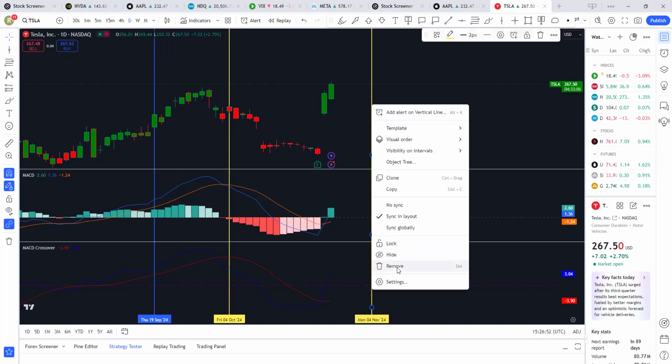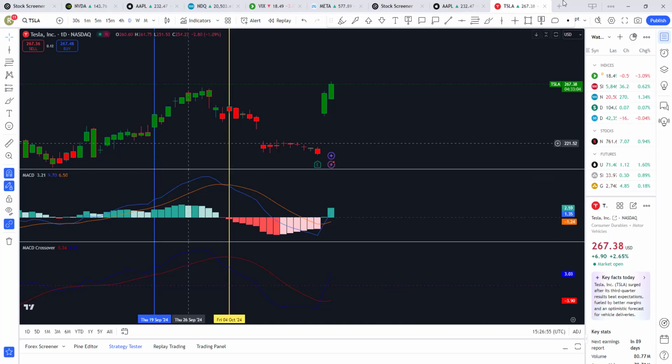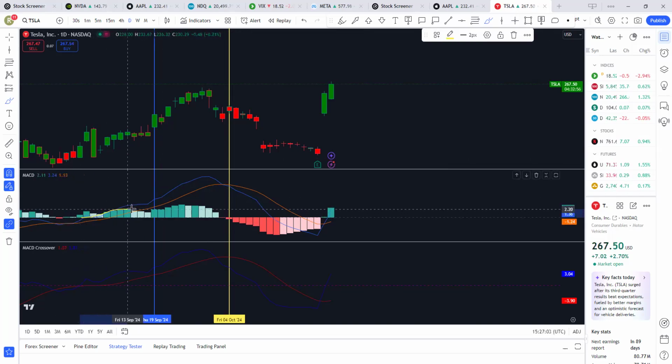Let's remove this one, I don't need that. Now, see? MACD line crossover. See? And strong here. The stock is bullish. And whenever the MACD line has crossed over where I put the line, you see, it's going over here.